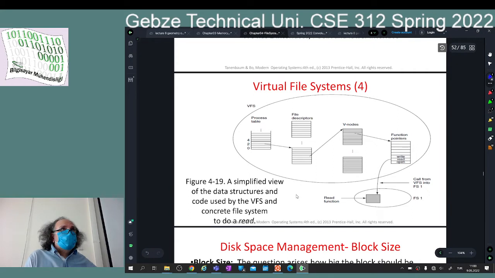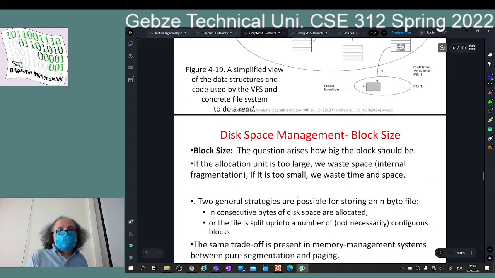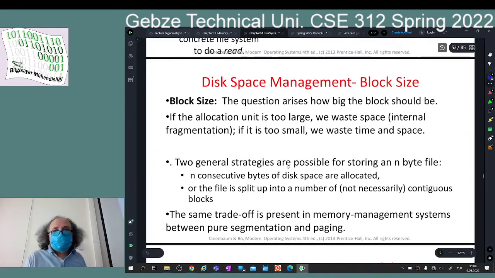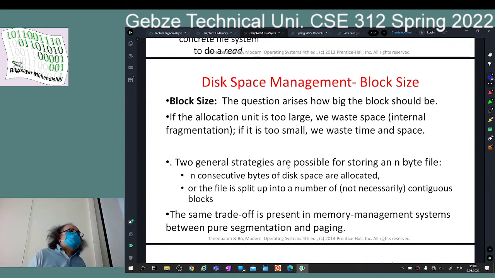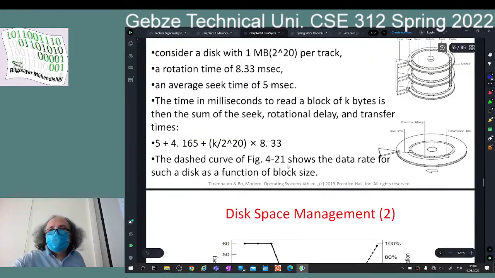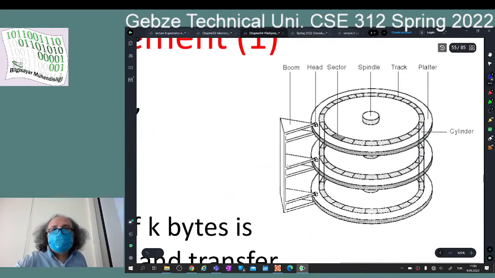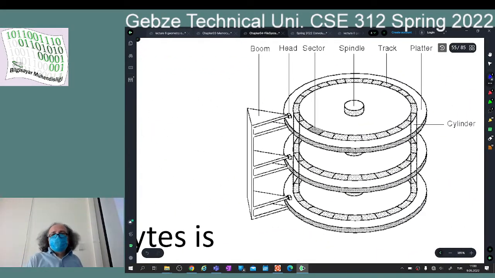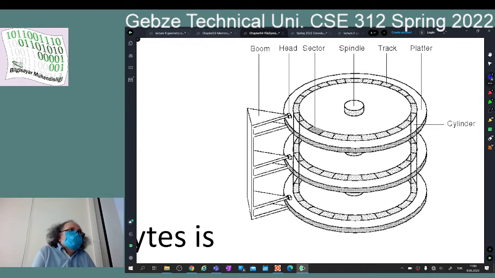One thing that we need to make a decision on is the block size. Remember the block size? What did we say? We keep our data on our disk using this logical block size. By the way, maybe I should show you this. This is how you organize your secondary storage if you are using disks.